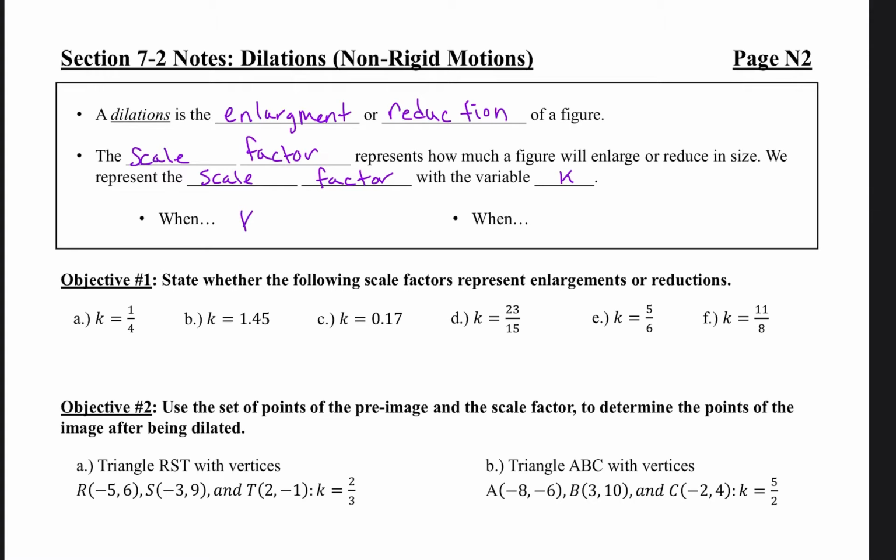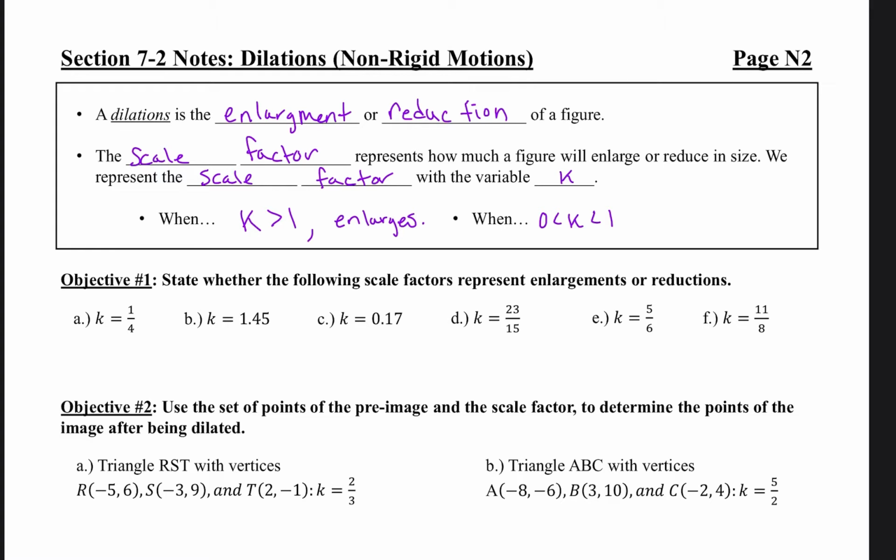And one of two things is going to happen. If k is larger than 1, the figure enlarges. So if the scale factor is a number bigger than 1, you're going to see an enlargement. But if the scale factor k is between 0 and 1, so it can't be less than 0 because it can't be negative. It has to be a number that's between 0 and 1. It'll never go negative.